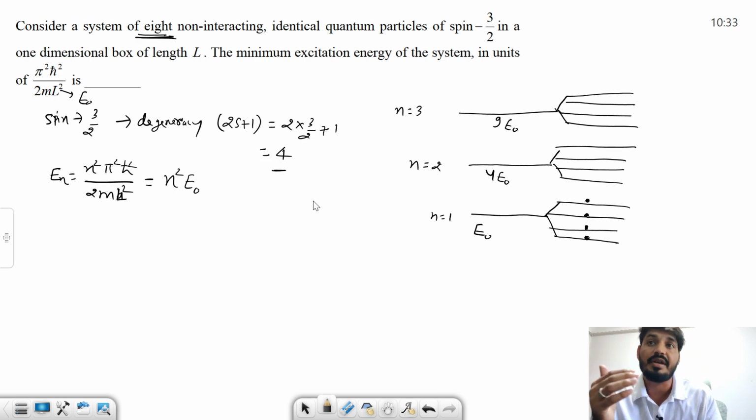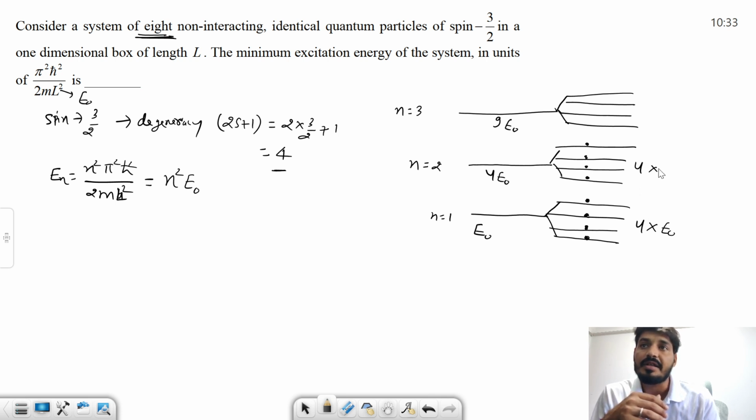तो ground state कब होगी, क्या क्या possibility होंगे? 8 particles हैं, 4 यहाँ आ गए, 4 यहाँ आ जाएंगे, 1 2 3 4. This is the best possibility. So what is the total ground state energy? अब देखिए यहाँ क्या होगा, हर एक स्टेट की एनर्जी E naught है, ठीक है? तो मैं क्या कह सकता हूँ, 4 पार्टिकल है, तो I can say that 4 multiplied by E naught. This is 4 E naught. Similarly this, I can say 4 multiplied by 4 E naught. So what is the ground state energy? E_GS.